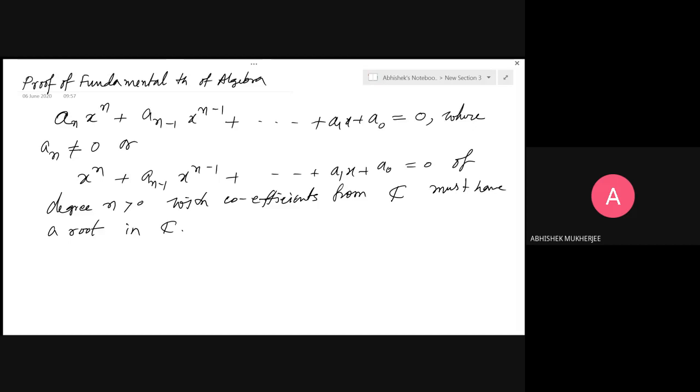Okay, so many other attempts have been made by mathematicians throughout the years, and so many proofs are there. We have already come across some proofs in complex analysis by using Liouville's theorem, the maximum modulus principle, Rouché's theorem, and also, I think, the argument principle.